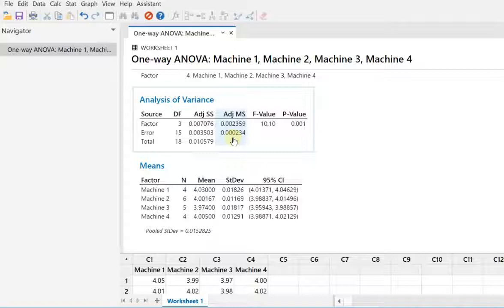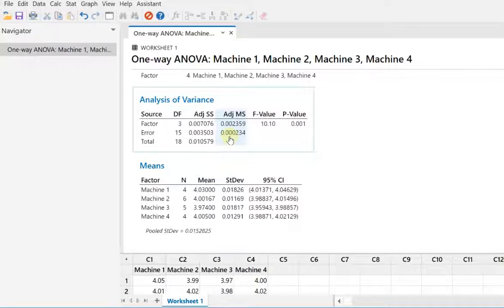Again, actually, I want to take the square root of this number. Let me try it again. Oh, sorry, I forgot to take square roots. Very sorry about that. Let's do it again. I'm going to take the square root of this number. The square root of this number is going to be that. I guarantee you. So let me try it. Square root of 0.000234. And sure enough, I got 0.015297058.